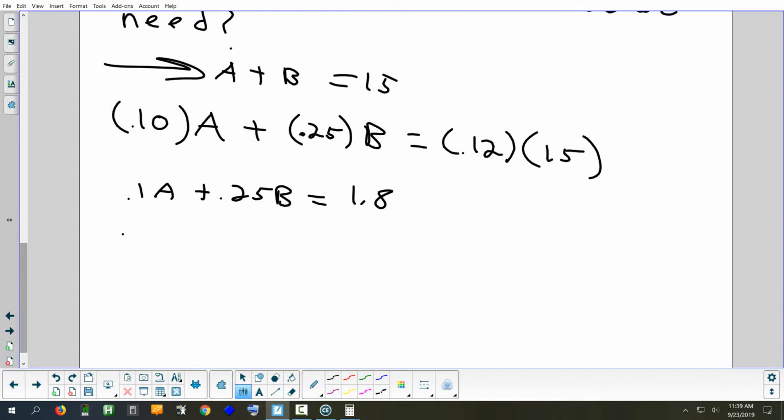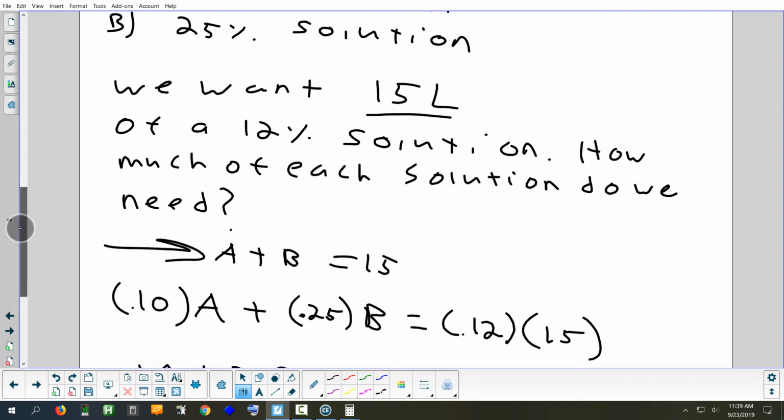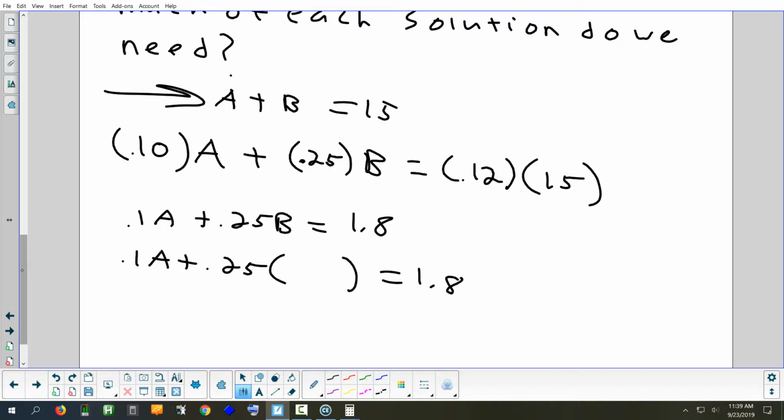Let's substitute for B. Using the top equation, what can you substitute in for B? Yeah. 15 minus A. Yep, it's just 15 minus A. It's exactly like the kind of thing we did with the two investments.